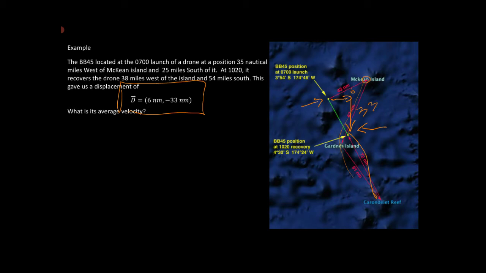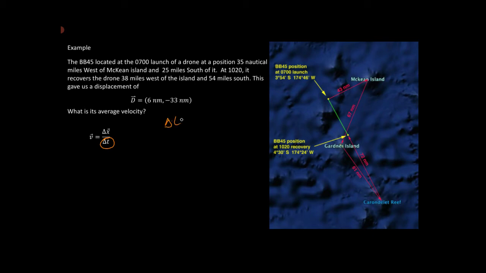Now what we want to do is figure out what the average velocity over this is. So our average velocity v is equal to delta x over delta t. Now this is a vector equation. What we now want to do is figure out that delta t before we start worrying about all this other stuff.